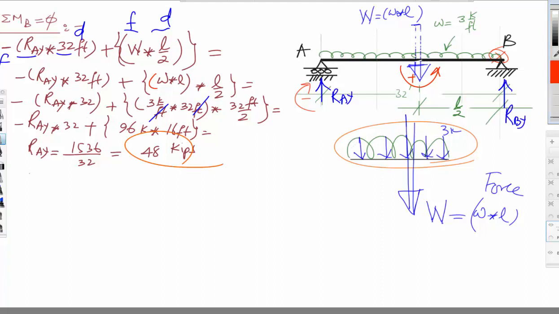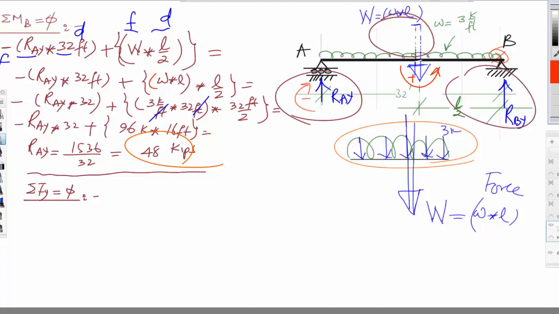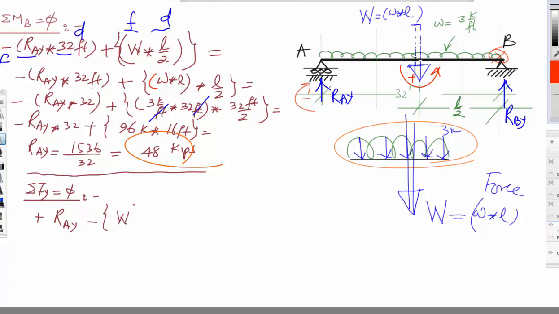Now we'll continue the same way that we used to calculate our reactions. So we'll do sum of all forces in y direction is equal to 0. We have this force upwards, this downwards, and this upwards. So we have plus RAY minus, we said the force is uppercase W, plus RBY is equal to 0.